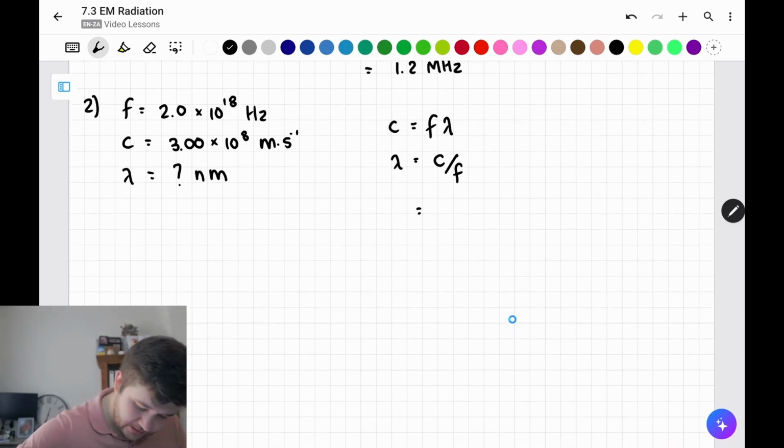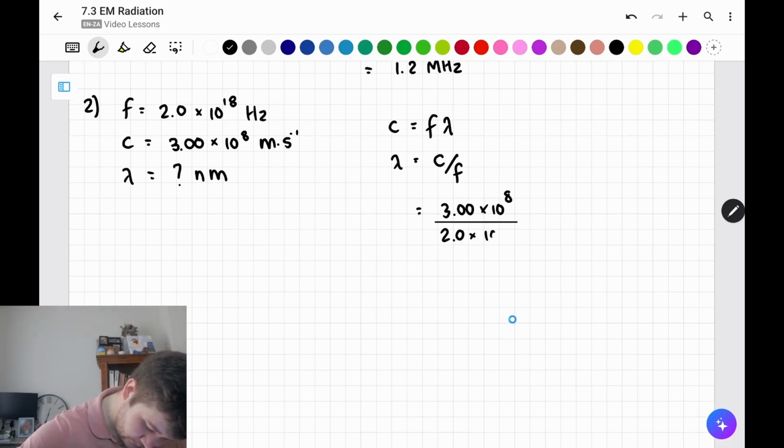If we sub in our values, sorry, a little mistake there. Doing that, we will find our value to be 1.5 times 10 to the negative 10.